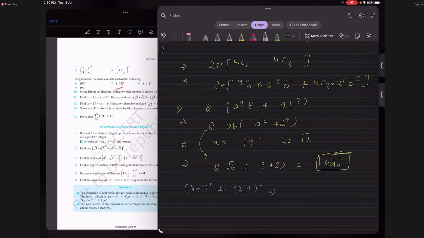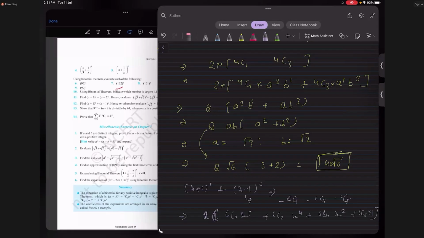If you observe this, the terms with coefficients 6C1, 6C3, and 6C5 will all get cancelled, and the only terms will be 2 times (6C0 x to the power 6 plus 6C2 x to the power 4 plus 6C4 x to the power 2 plus 6C6 into 1).